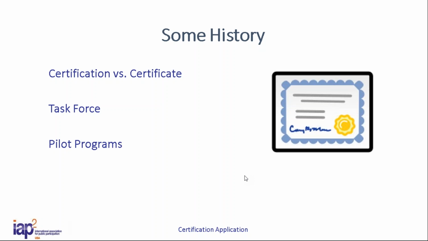So in conducting our work, we started with a review of professional certification programs that were offered by other organizations for professionals like facilitators and architects, planners, and people that do public relations work to get a feel for how those programs typically run. And then we surveyed IAP2 members to identify the skills and competencies that they felt were important to be included. And then we came up with an assessment process.